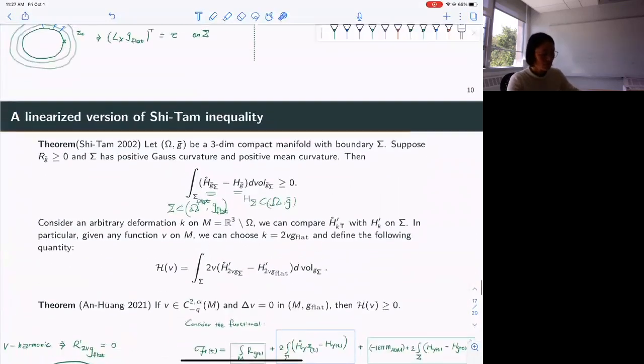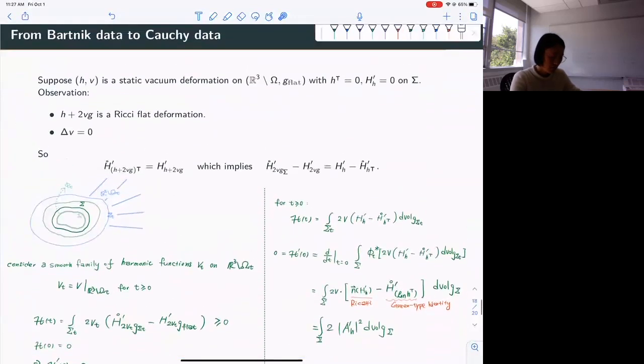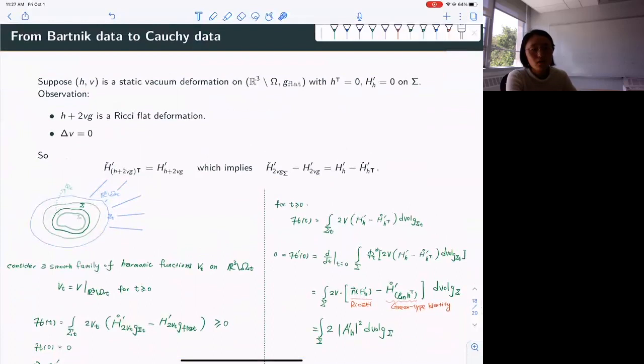Once we have those two important tools, we can now come to prove the convex case at last. If HV is a static vacuum deformation in the exterior region, the boundary is convex, and it preserves the Bartnik data on the boundary, then we first observe that H plus 2Vg is a Ricci flat deformation in the exterior region.